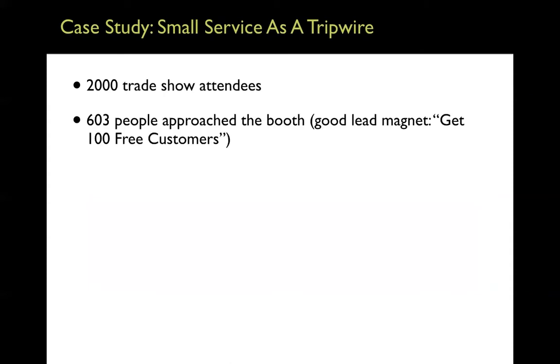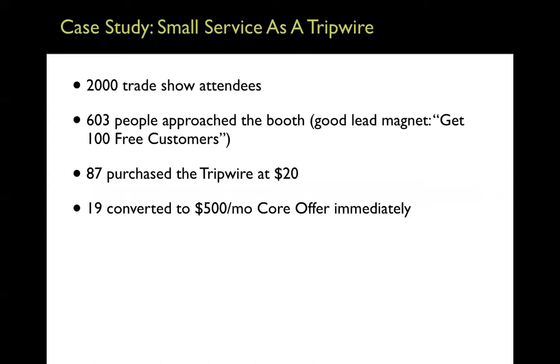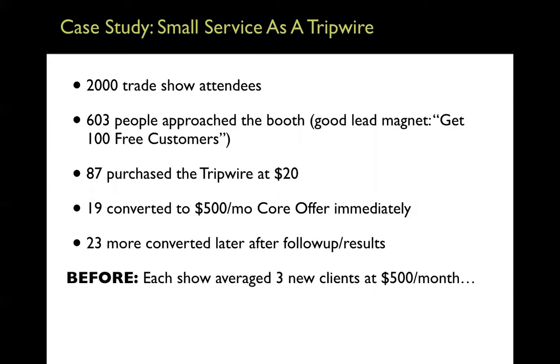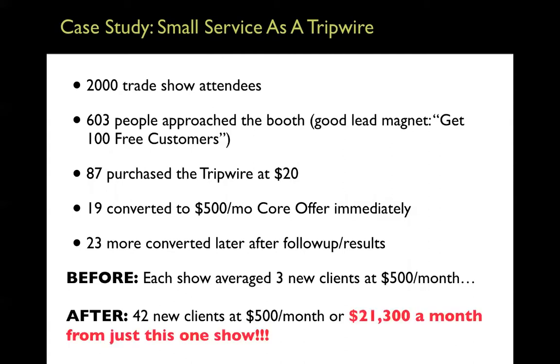That was a good lead magnet of getting 100 free customers. 87 purchased a tripwire at $20. 19 converted to $500 a month core offer immediately. 23 more converted later after follow-up results. Before, each show averaged 3 new clients at $500 a month. That was before. After, 42 clients at $500 a month, or $21,300 a month just from this one show.